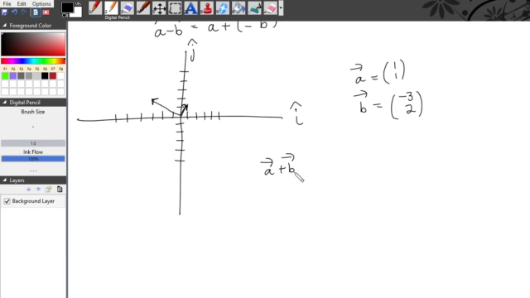So when we add A plus B, we're really just saying 1, 1 plus -3, 2, which is just -2, 3.